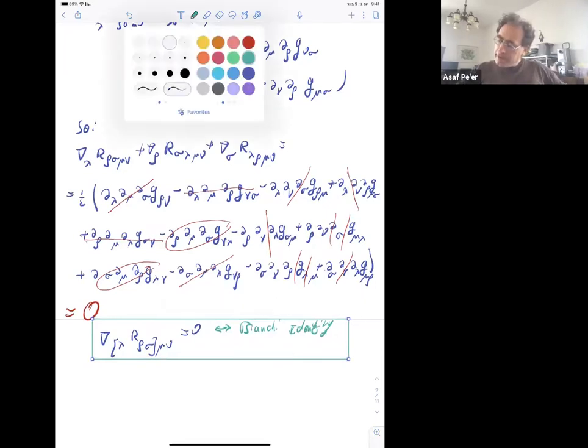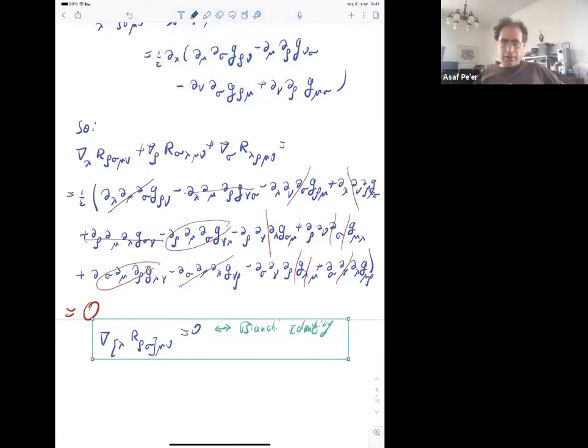What we can do with the Bianchi identity is actually going to be quite useful. It is going to get a lot of physical interpretation, and we will see that in one or two weeks.